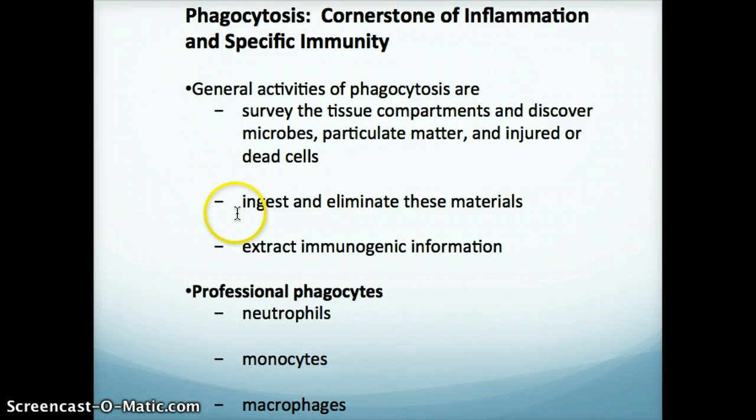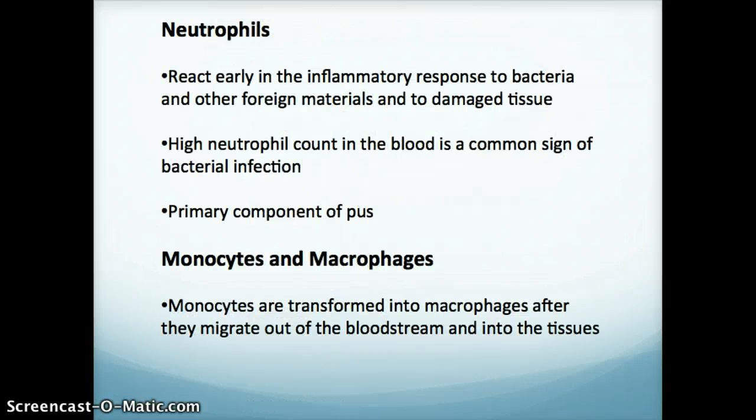Its second role would be then to ingest and eliminate these materials, and the third role is to actually extract immunogenic information from microbes. So things that would make them recognizable in the future, phagocytes can actually do that and store that information.